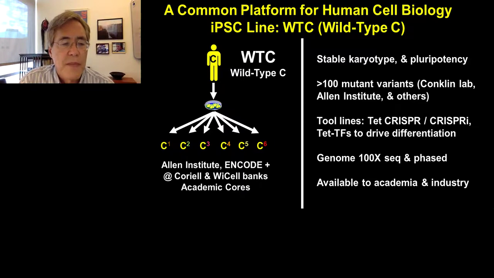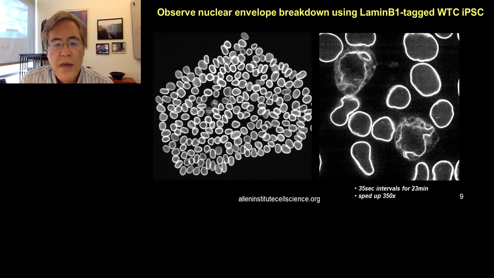Now, one of the great advantages of this line, particularly with the Allen Institute, has been that they have labeled various different structures, and they're going to be labeling over 100 different structures in the cells. This is a picture here of lamin B tagged wild type C cells. This is a complete lawn of cells, a cluster of cells, but only the nuclei are labeled.